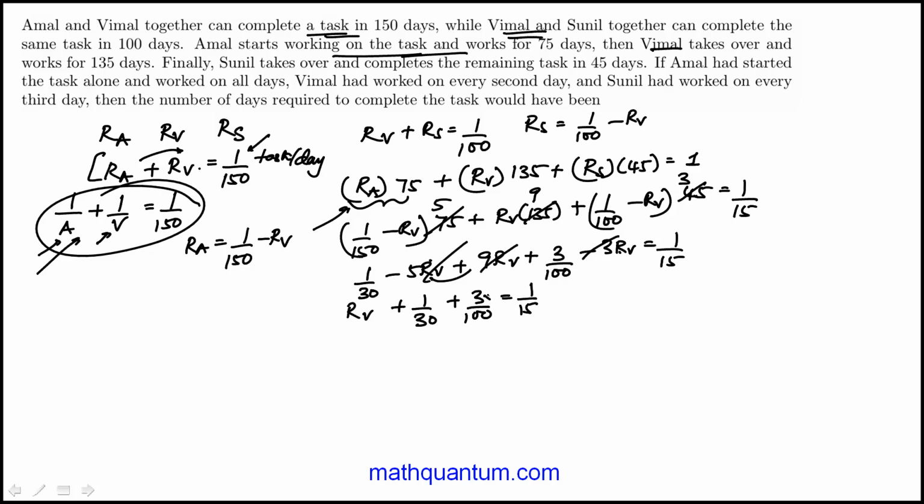And then you can multiply top and bottom by 3, so this becomes 1 over 30 plus 9 over 300. I need to multiply that by, let me see, RV. Sometimes that happens, I just scratch it and then just do it.